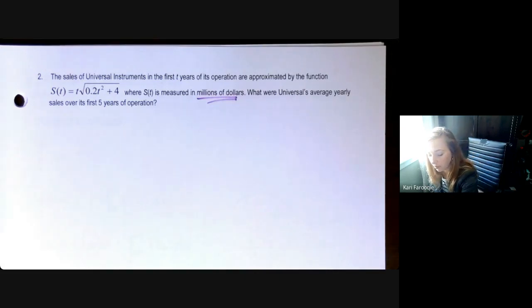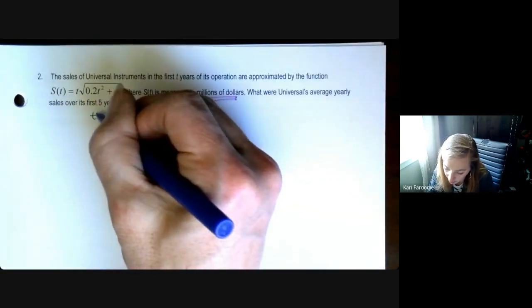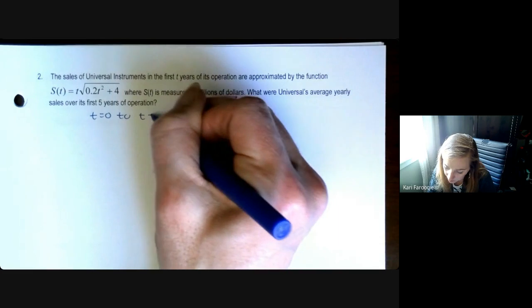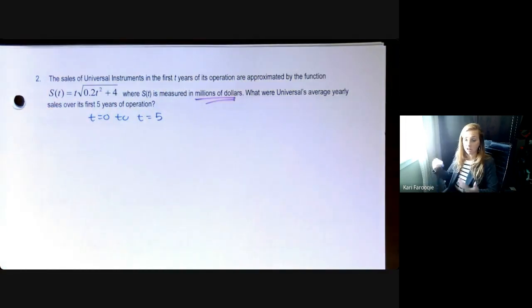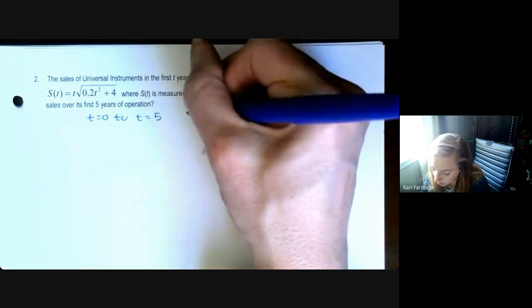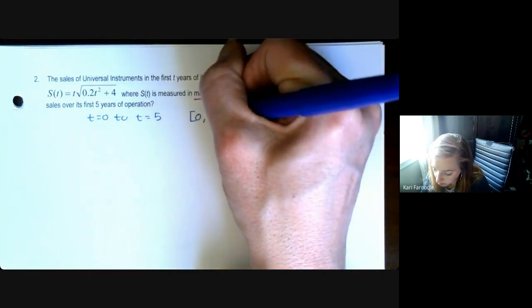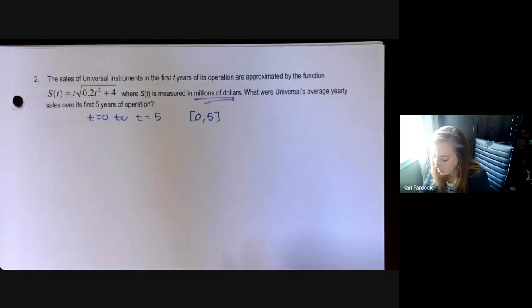All right, so if we're talking about the first 5 years, we're talking about t equals 0 to t equals 5. So that means we're going to be setting up an integral from 0 to 5, and we're going to be dividing it by b minus a. If you want to think about this as being a closed interval, if you find that helpful, that is fine.